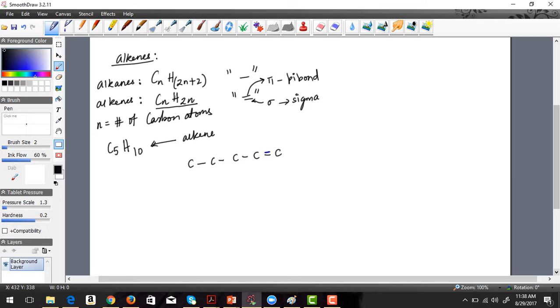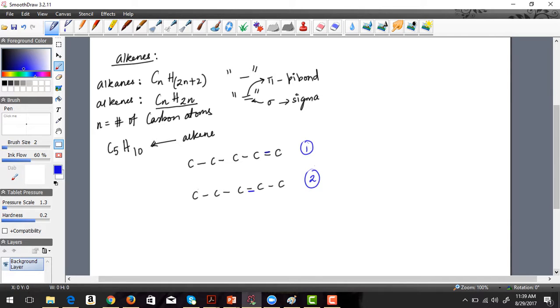If I have it here, and then I can also have 1, 2, 3, 4, 5, and then I can have it here. If I put it further to the left, I will end up with one of these. So this is where we end with our straight chain possibilities.